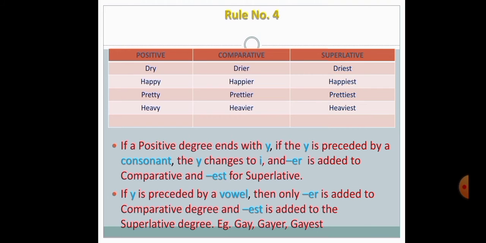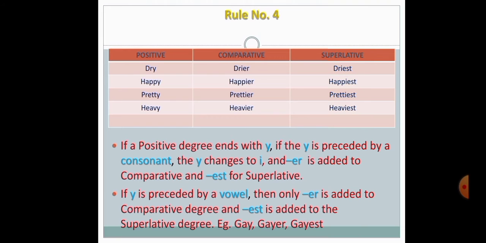So whenever you see an adjective which is ending with y and it has a consonant immediately before it, there is a rule, and the rule says that in that case you need to take that y away from there, include I in this place and then add er and est to convert it into comparative and superlative.